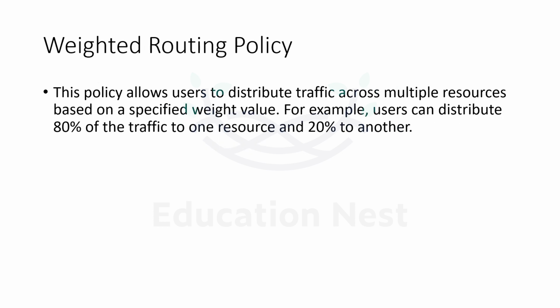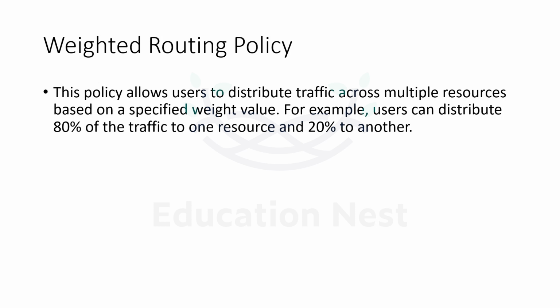The last type of routing policy is the weighted routing policy. To improve the environment that you have, you might be changing something. You can create a new environment for, let's say, a feature that got added or a bug that got fixed.